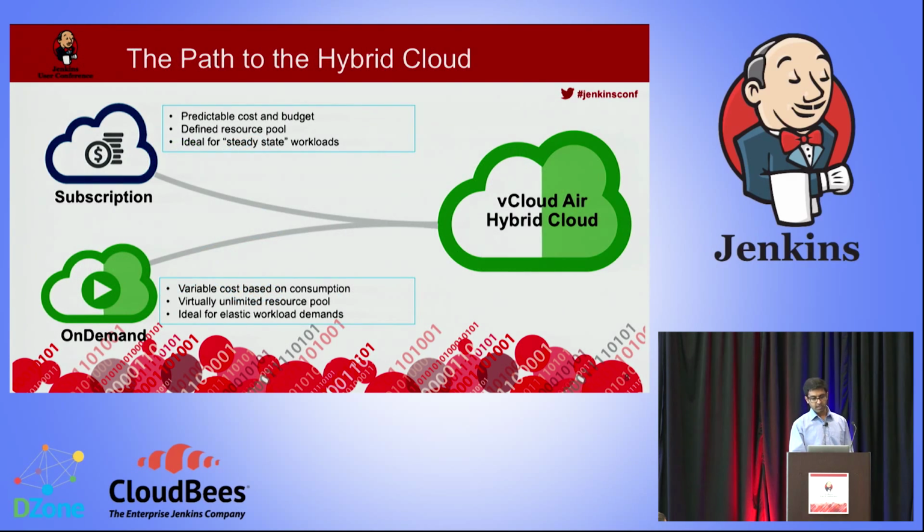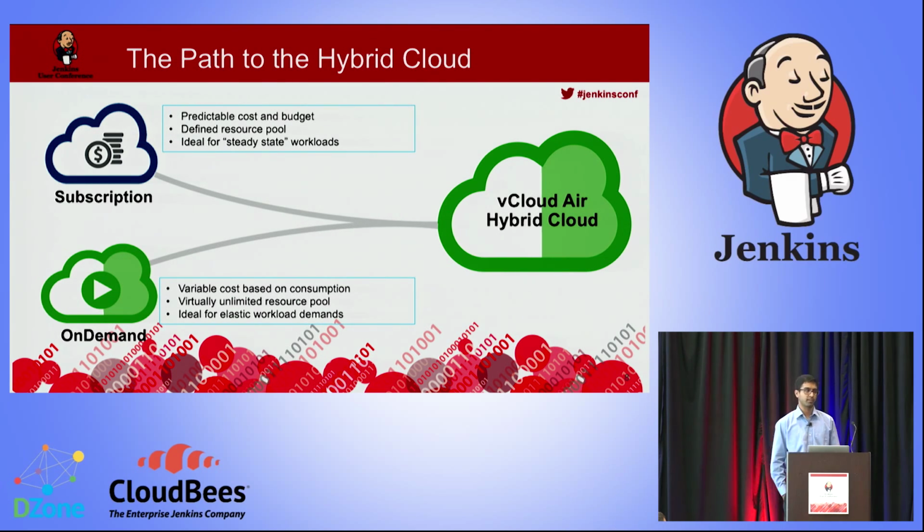So this gives a high-level overview of vCloud Air and how it provides a hybrid nature of use cases around moving virtual appliances, in the form of applications, across the dev, test, and production lifecycle. And the path to hybrid comes with both subscription and on-demand purposes.